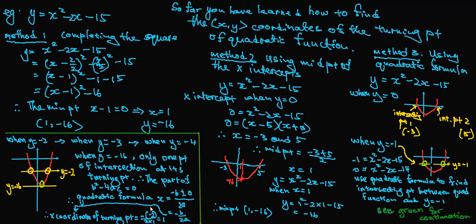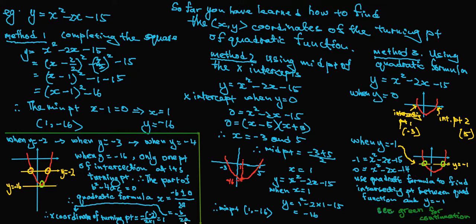So in other words, to find the coordinate of the turning point, you do not really need to go for completing the square or using the midpoint of the x-intercepts. What you have to do is just take the formula, minus b over 2a.